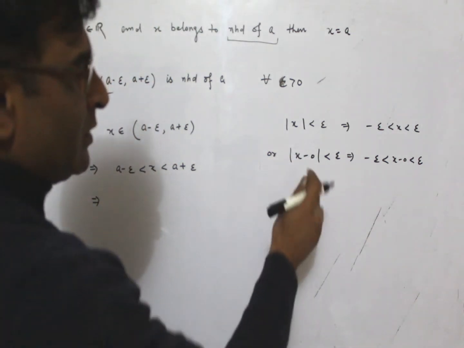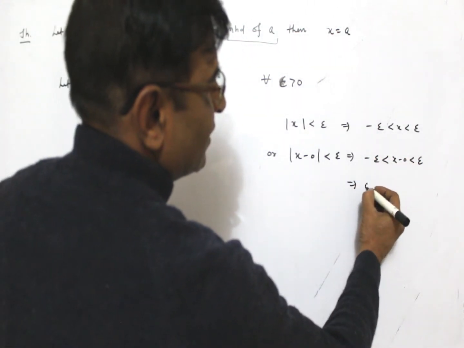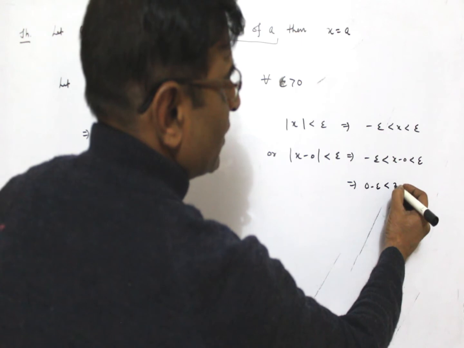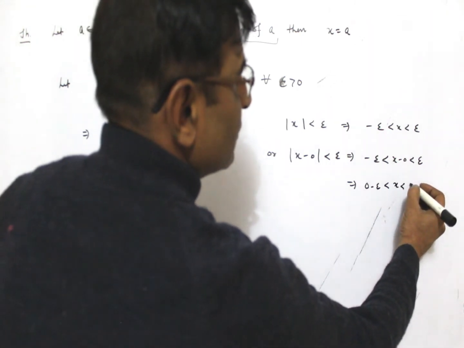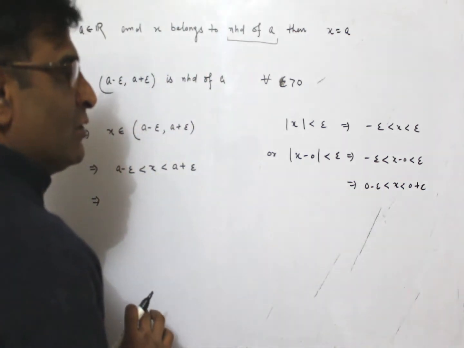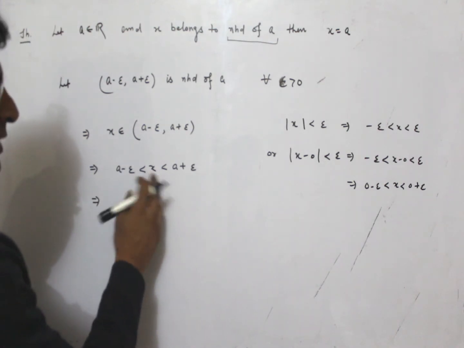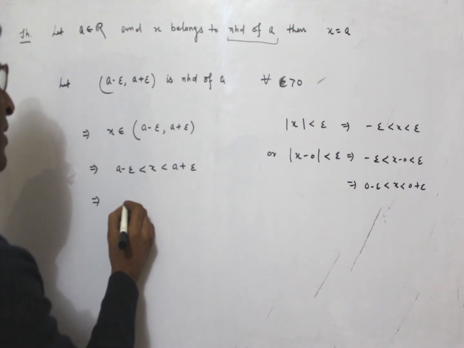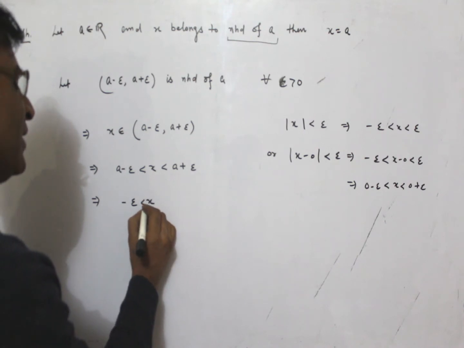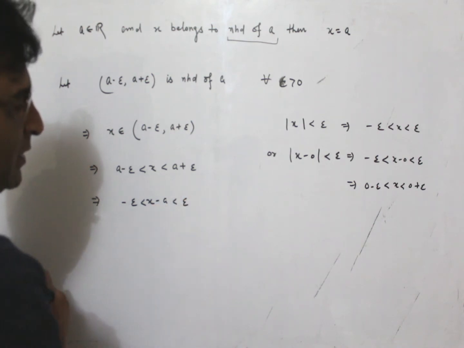Here I can say epsilon is added on both sides, that means you can say 0 minus epsilon less than x less than 0 plus epsilon. I can write like this. So here, if I subtract this A, then this becomes minus epsilon less than x minus A less than epsilon.